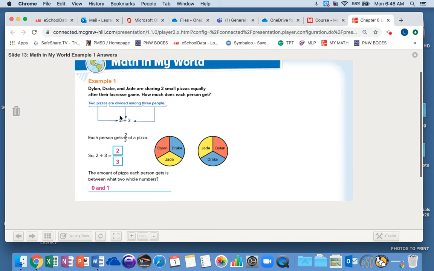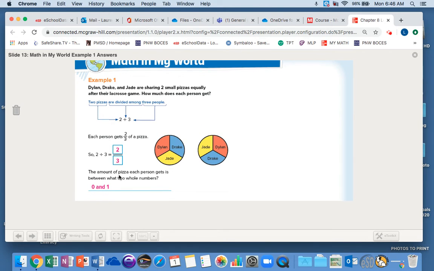Okay. So the amount of pizza each person gets, between what two whole numbers? My apologies. It's between 0 and 1 because you're not above 1 because there's only one whole. Okay. Awesome job. Because if it was a whole, let me just show you.